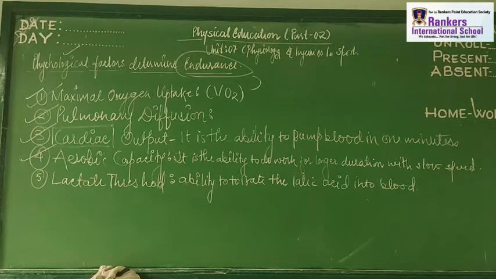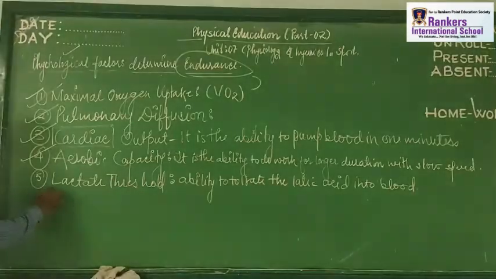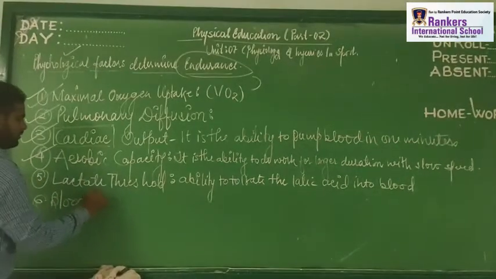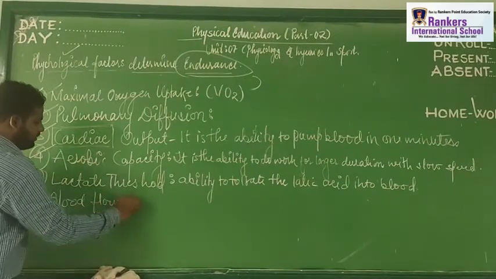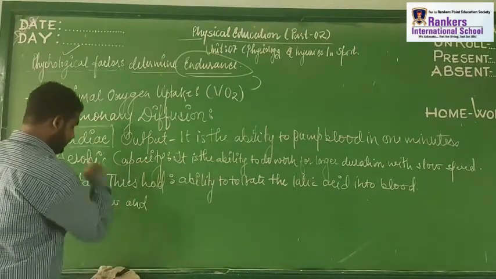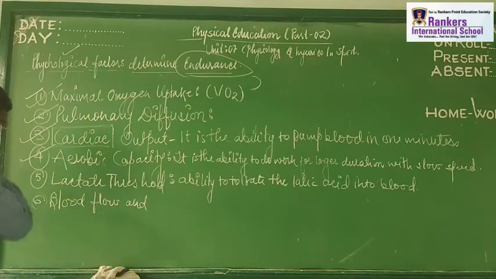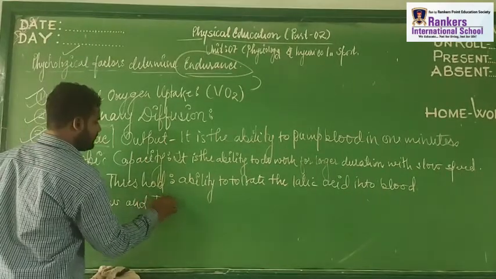Blood plasma and RBC should be there, so blood volume, blood flow and transportation of nutrients are very important.